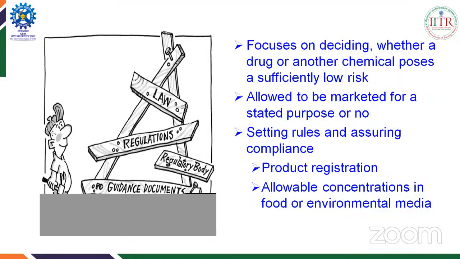Once clinical trials are also done, if it actually reaches a marketable stage, then there are certain rules and regulations to be fulfilled to allow the particular item to be marketed or not. And even after that, we do have certain regulations for post marketing surveillance.